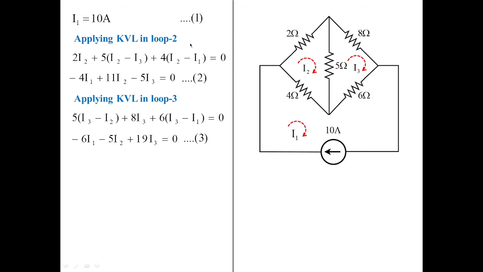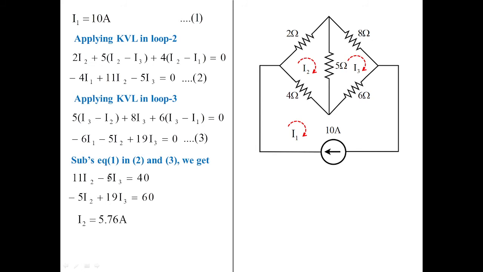So equations 1, 2, 3 are framed. Therefore, substituting the value of I1 from equation 1 in equations 2 and 3, I am going to obtain the values for I2 and I3. I'm rearranging equations 2 and 3 by substituting equation 1 in them.